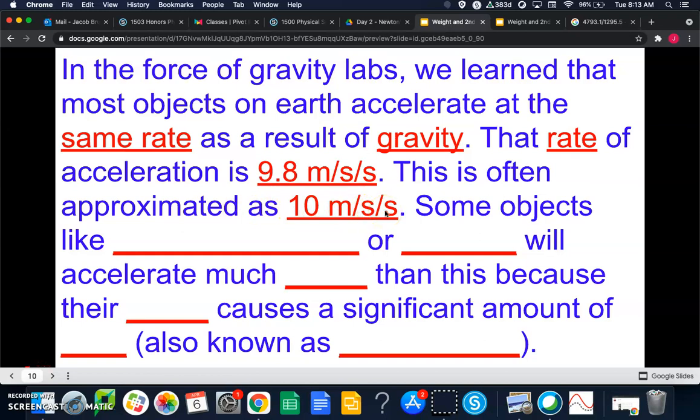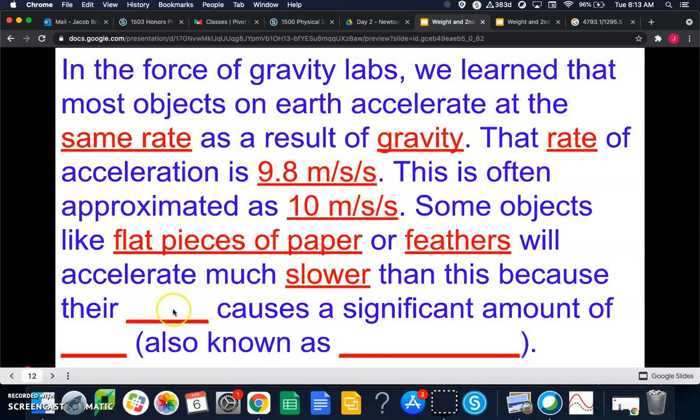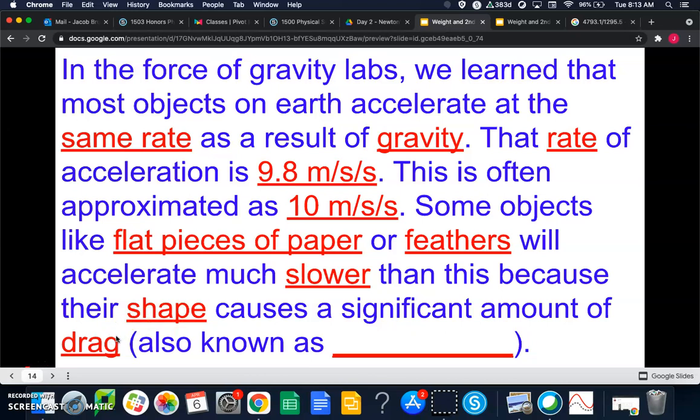Now, as we saw in the lab yesterday, some objects, like flat pieces of paper or feathers, will accelerate much slower than this, and that's because their shape causes a significant amount of drag. And this is also known as air resistance.